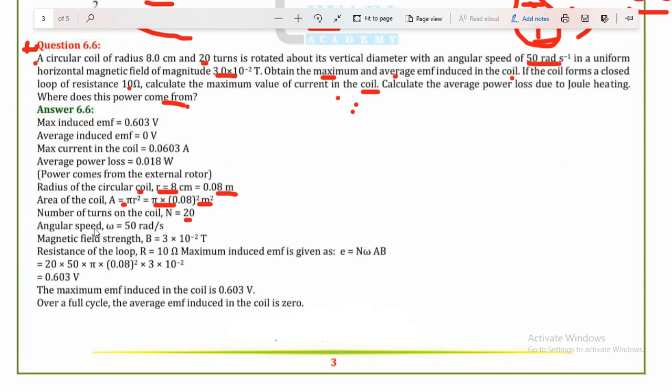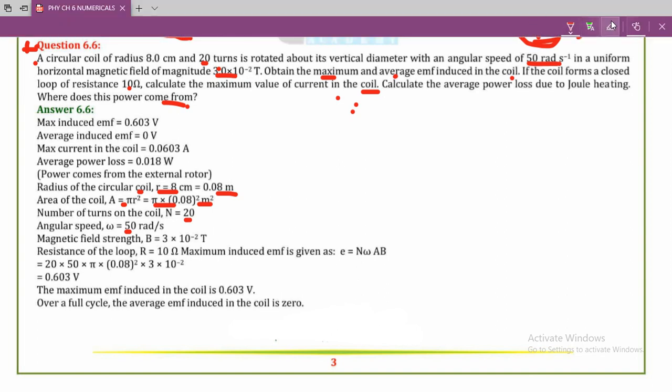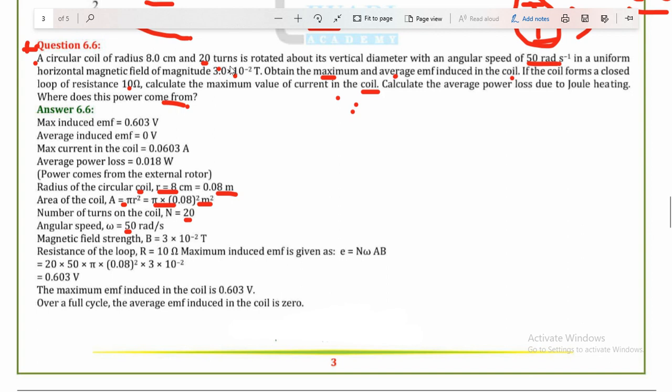Angular velocity or angular speed, you can say, is 50 radian per second. So it is also in MKS system, there is no need to change. Magnetic field intensity is given as 3.0 into 10 to the power minus 2 Tesla. So it is also in MKS system, so there is no need to change this one.